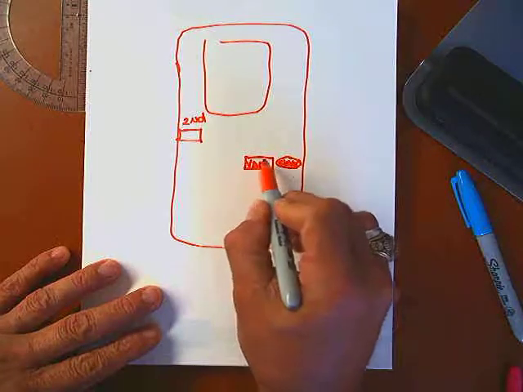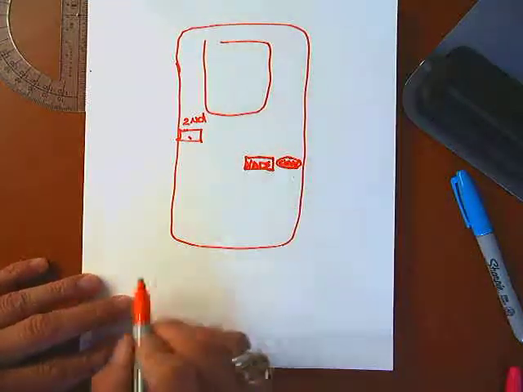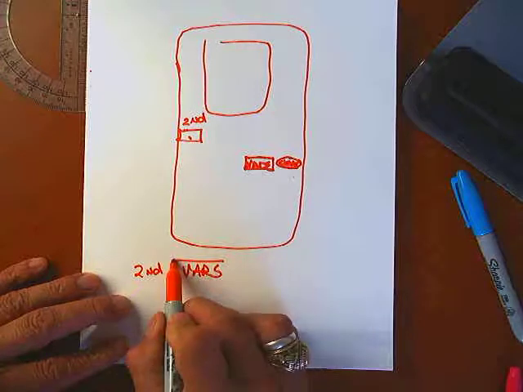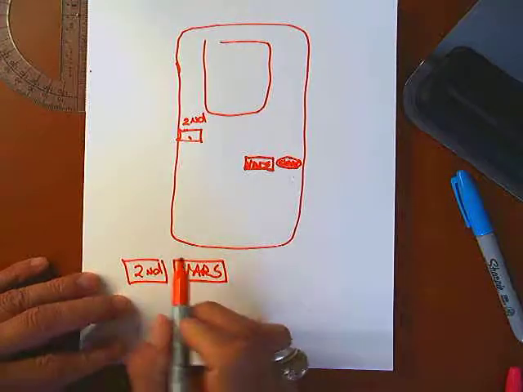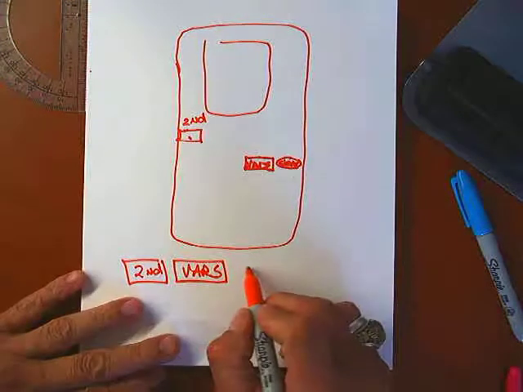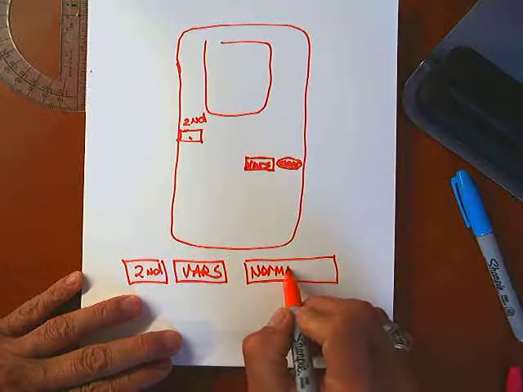It's kind of a yellow button, and then vars is right beside your clear button. Your clear button is right here, and your vars, which means variables. So hit second vars, and then go down till you see normal CDF.